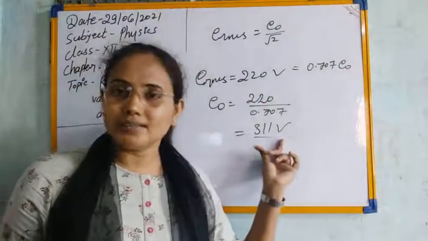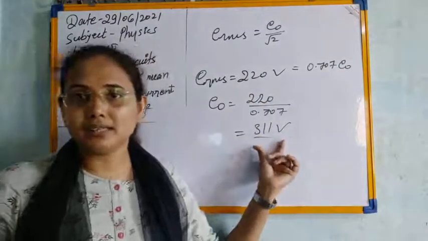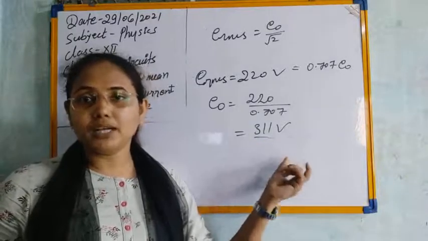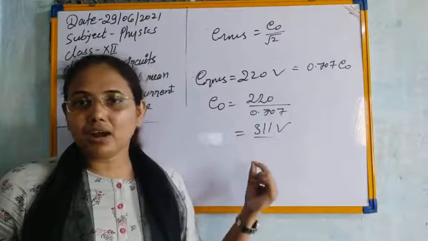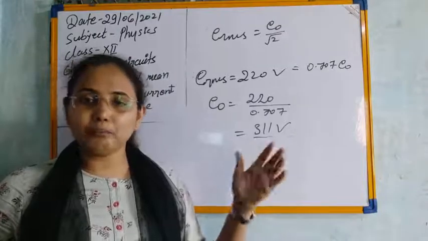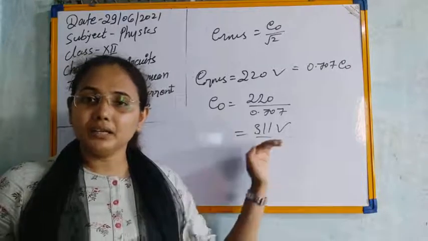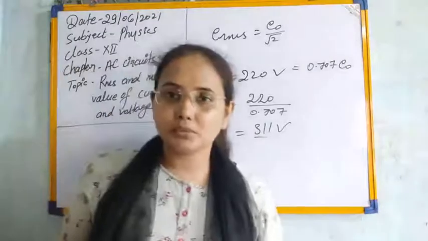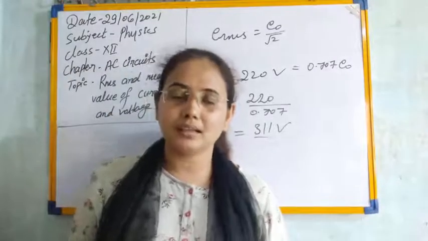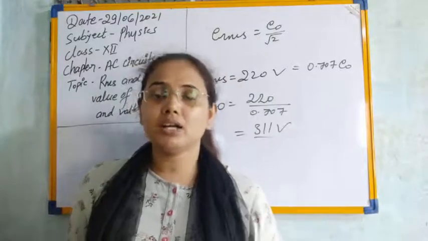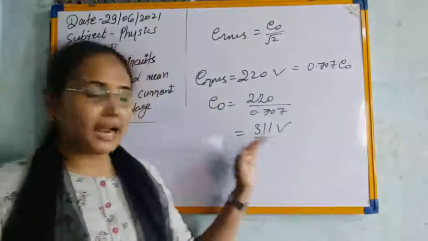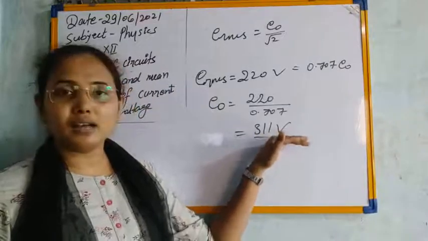So if you design any device or any circuit with the help of this peak value of the voltage, then that device can always bear up to this voltage. Means whenever the RMS value changes from 220 to another voltage, even if it comes to 311 volt, our device can bear it, because for that one the maximum voltage is 311 volt.